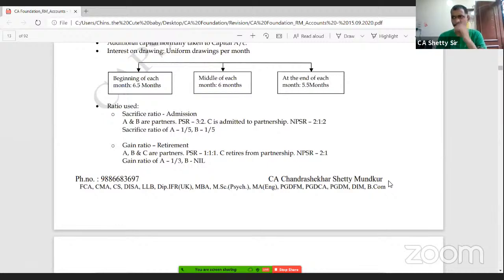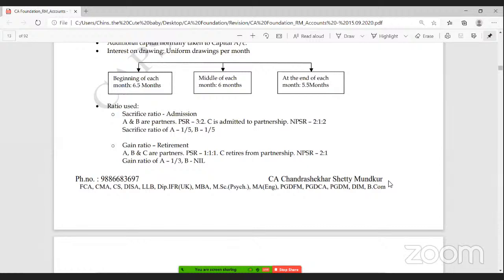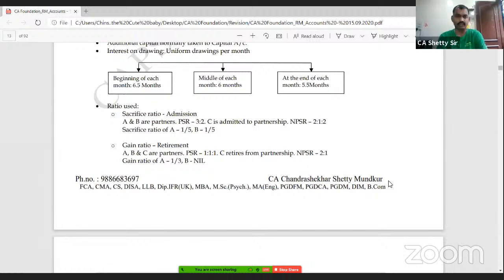Okay, notebook: ratios used. Small a, sacrifice ratio, normally on admission. Normally, not necessarily. Example 1: A and B 3:2. New ratio A, B, C is 2:1:2. Sacrifice means you are giving away, that means your old ratio should be higher.